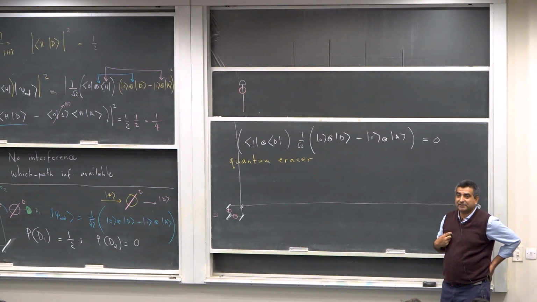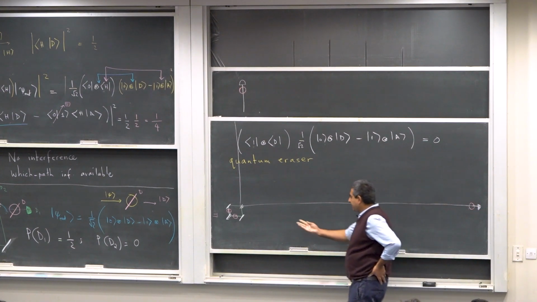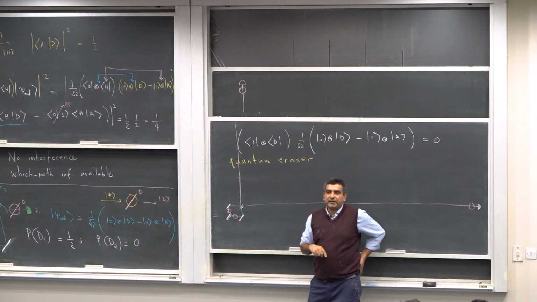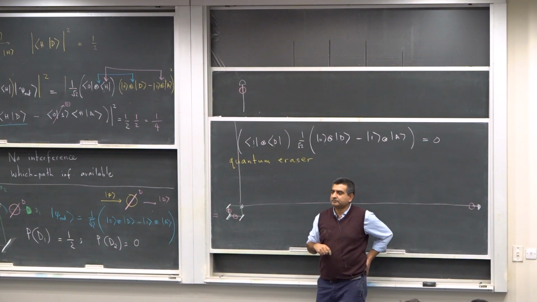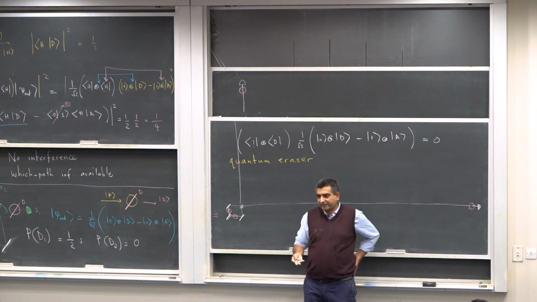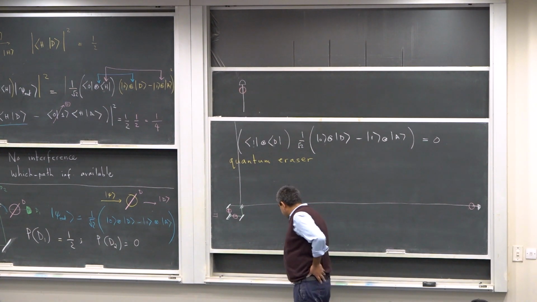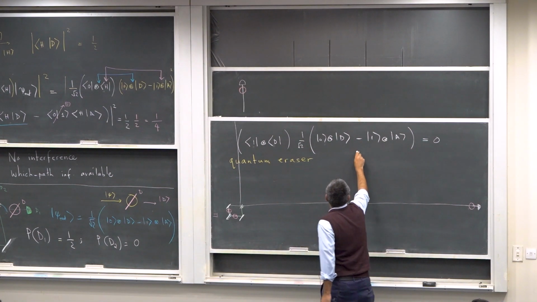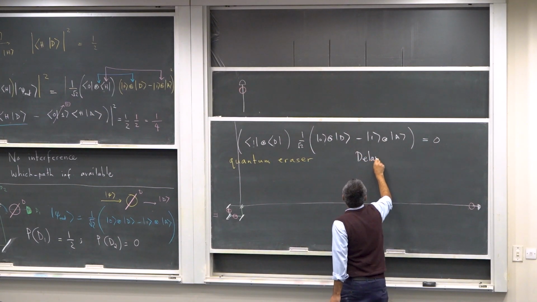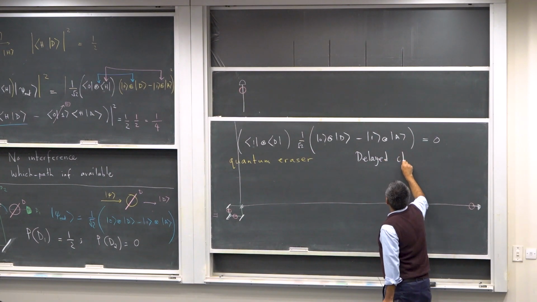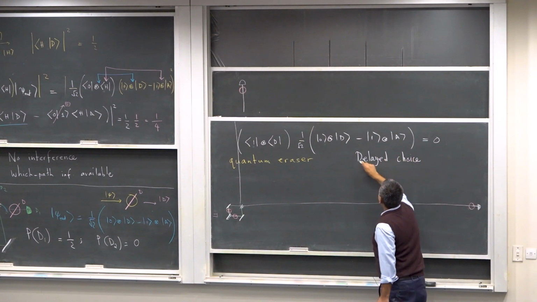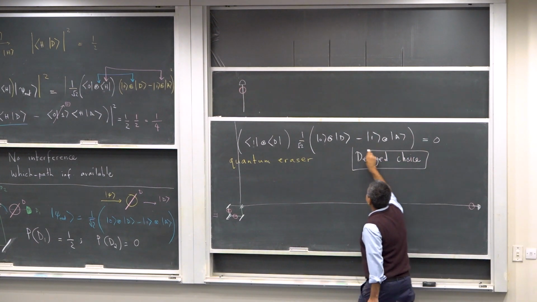You can make a choice later in time, after the photon has emerged from this interferometer. So you make a choice later in time. Such an experiment is called a delayed choice experiment, a delayed choice quantum eraser.